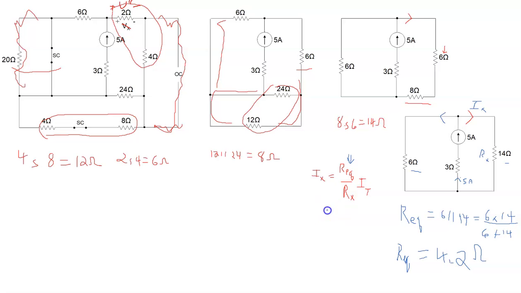Now, that means then that Ix is 4.2 over 14 times It, which in this case is 5 amps, and Ix is equal to 1.5 amps.